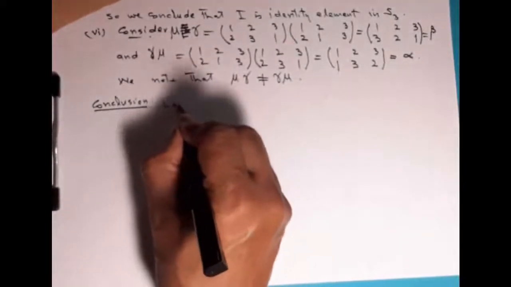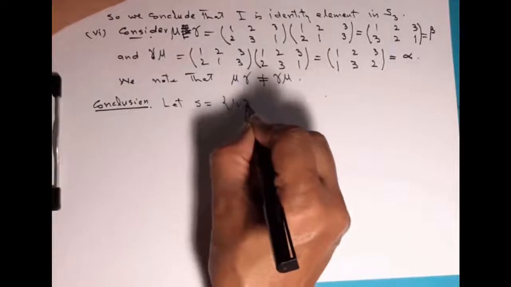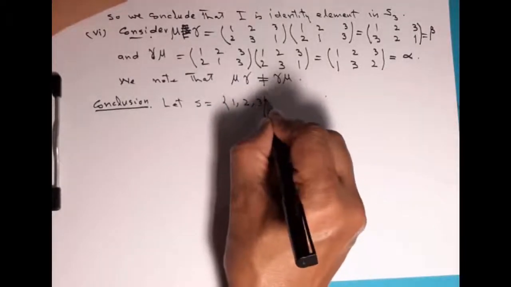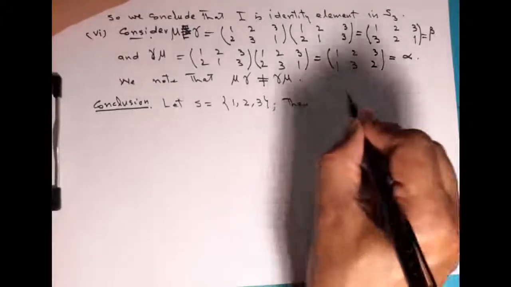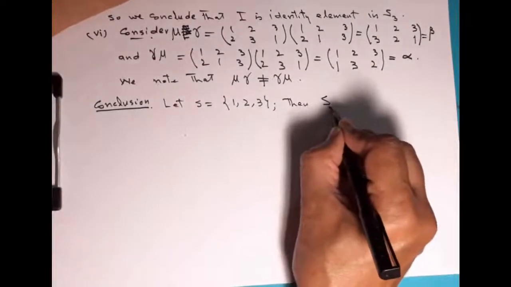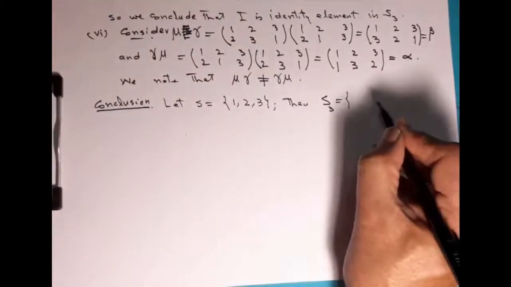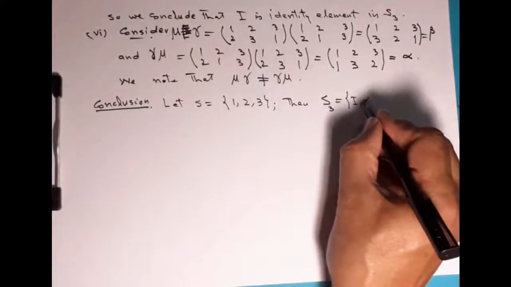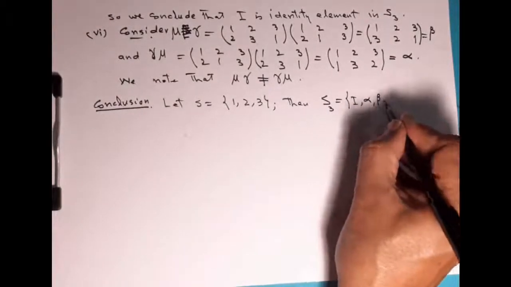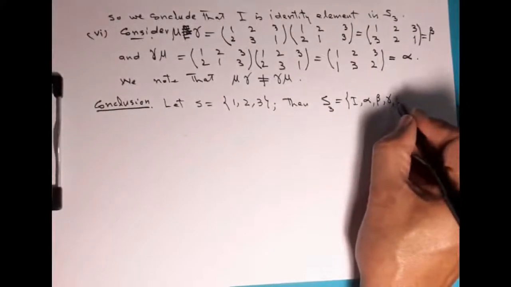Let S be equal to 1, 2, 3, then S3 is equal to, we have denoted these by I, alpha, beta, gamma, delta, and mu.